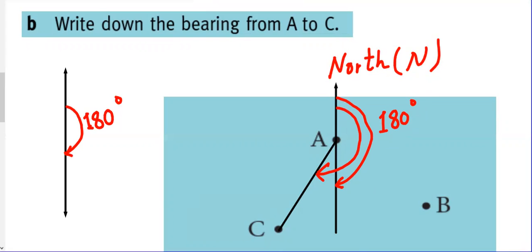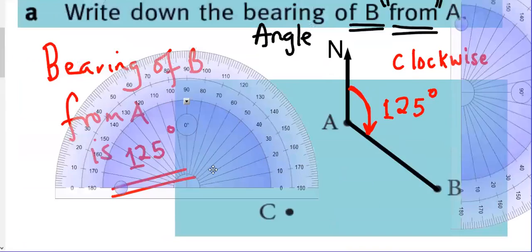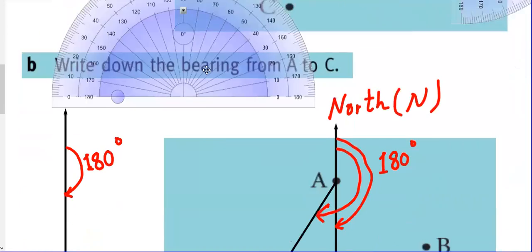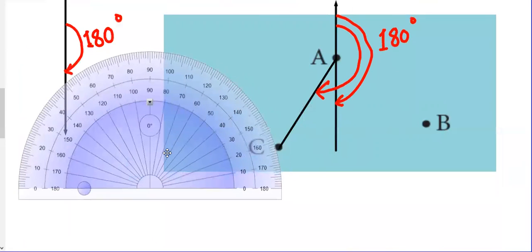So I'm going to take a protractor and do the same thing, okay? So take your protractor and measure that small portion. The small portion I'm talking about is this portion here. Now, how do we measure this portion? It's easy.